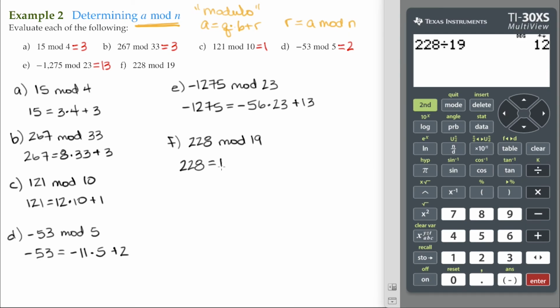So this is then 12 times 19 plus 0, because 12 times 19 equals 228 with a remainder of 0. So we can say that 228 modulo 19 is 0. That could also be stated that 19 is a divisor of 228. But there we go.